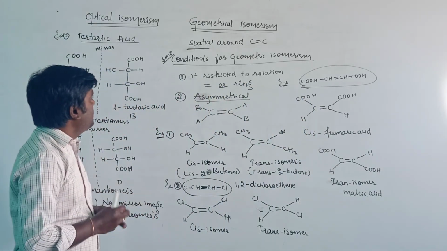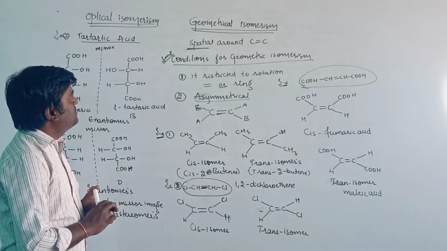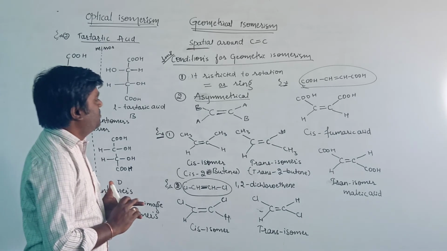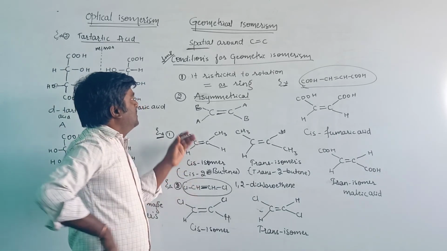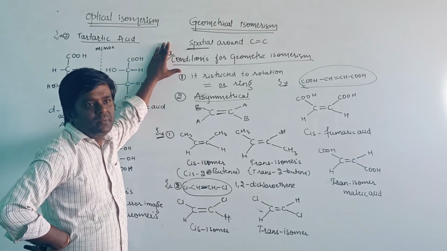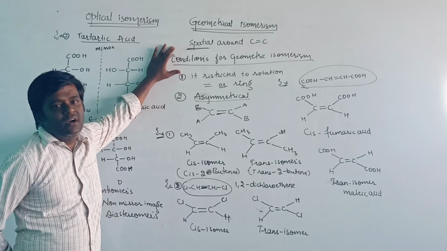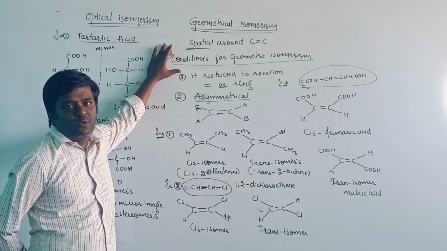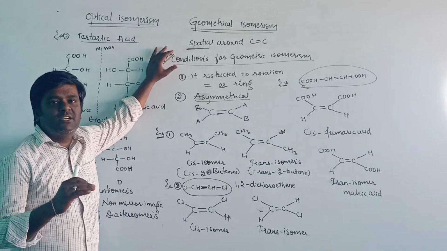This is about optical isomerism and geometrical isomerism. In geometrical isomerism, the compounds have the same molecular formula but differ in the spatial arrangement of atoms around the carbon-carbon double bond, which is restricted to rotation.